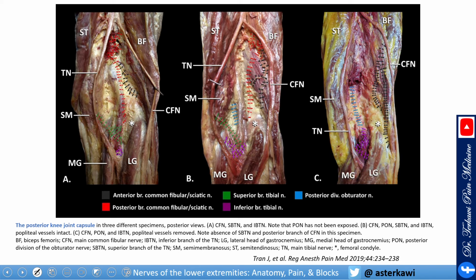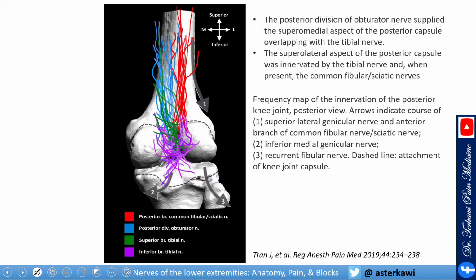Now, looking at the posterior capsule, you have branches for the anterior and the posterior branches of the common peroneal. And here you have the superior branch of the tibial nerve, the inferior branch of the tibial nerve, and you have the posterior division from the obturator nerve.